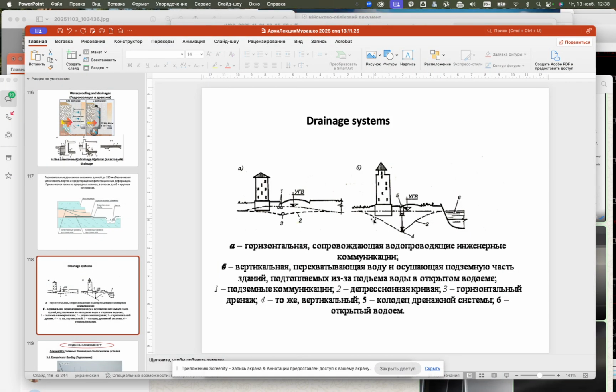I had one strange situation. It was in 2018 when we were designing a new building in Luzanovka, and I got the technical conditions from one regional directorate, Управление инженерной защиты.